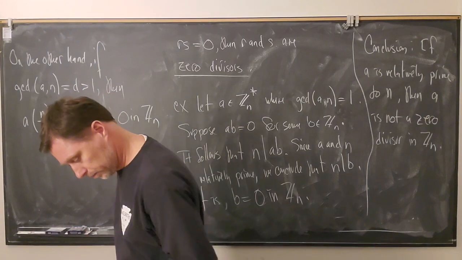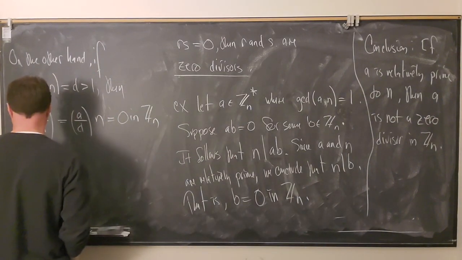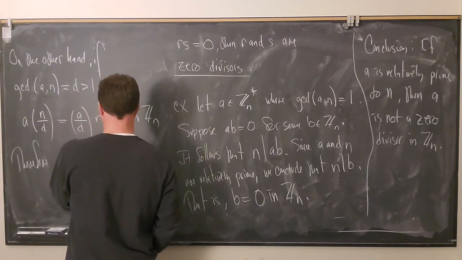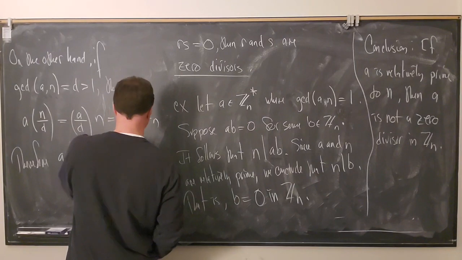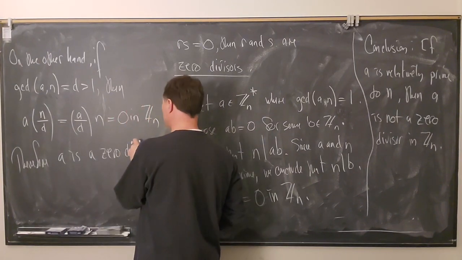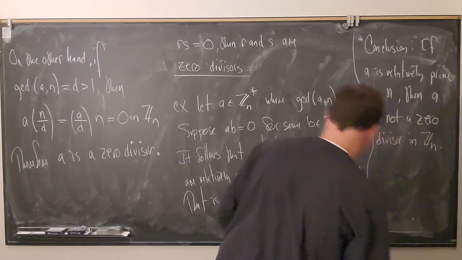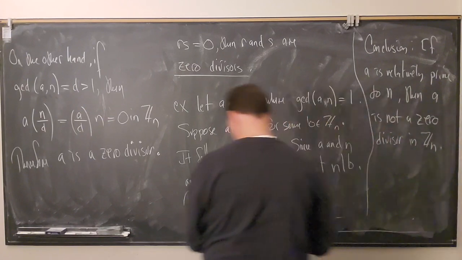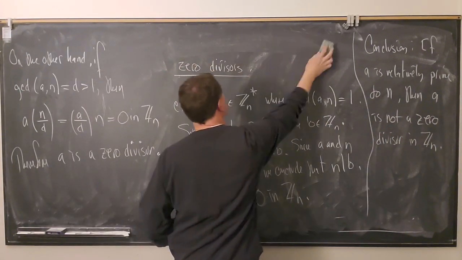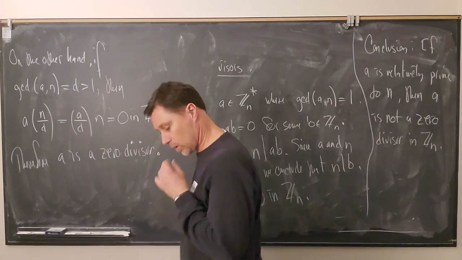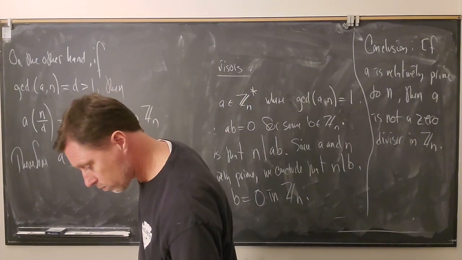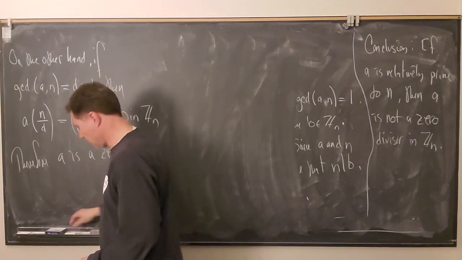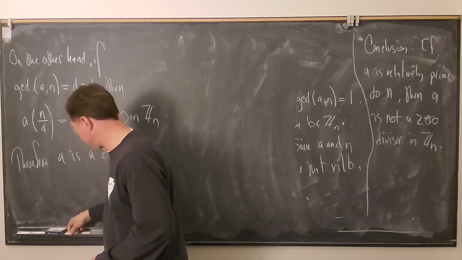So we can say, therefore, A is a 0 divisor. Right, so this completely characterizes the 0 divisors within Zn. In fact, let's write this down. I'm not going to call it a theorem, it's more just like a fact.